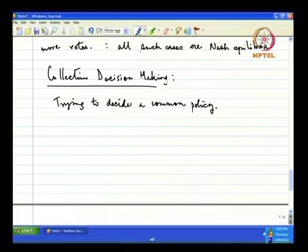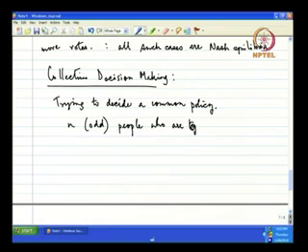And who are these people? Suppose there are n people, n is again odd, people who are deciding on a common policy.